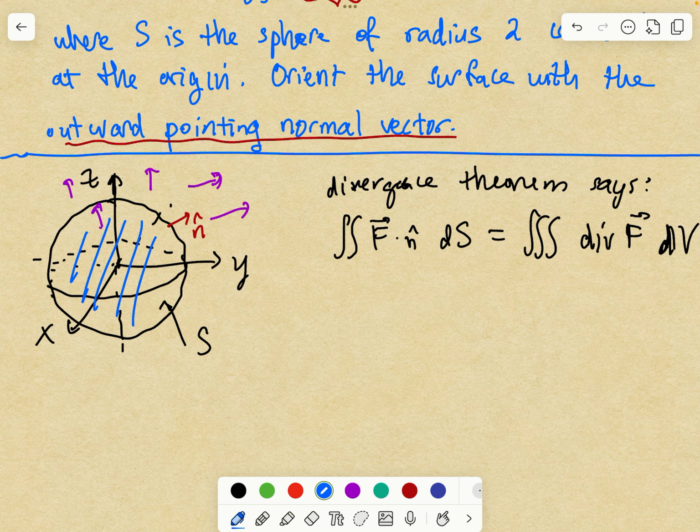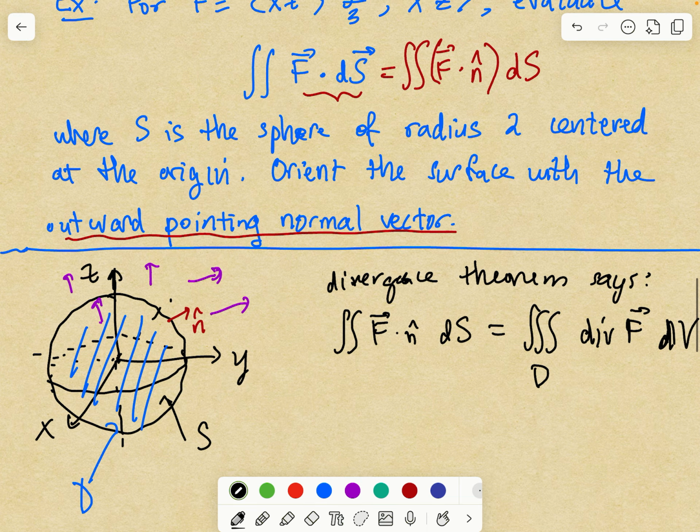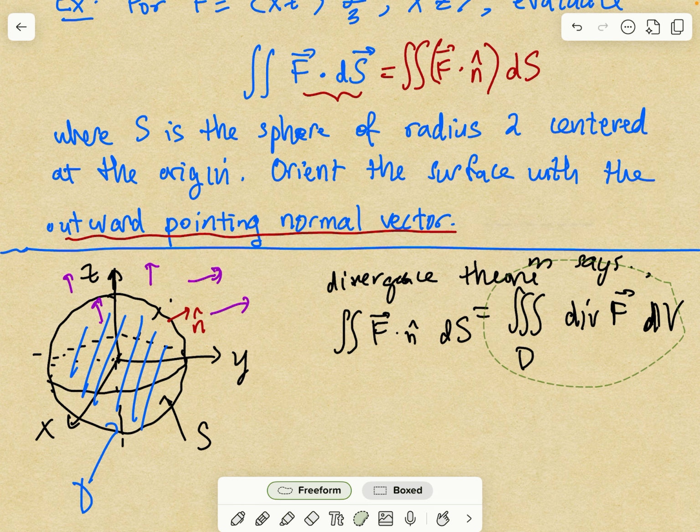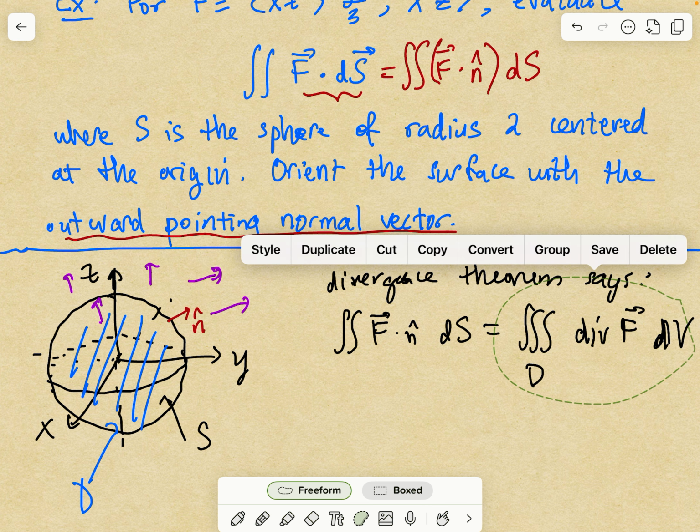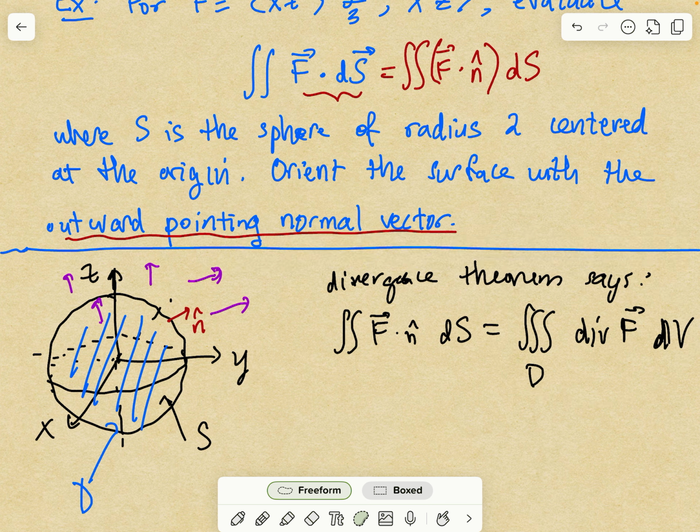This solid inside is D. The idea is that we're using the divergence theorem because this triple integral should be easier than evaluating this surface integral.